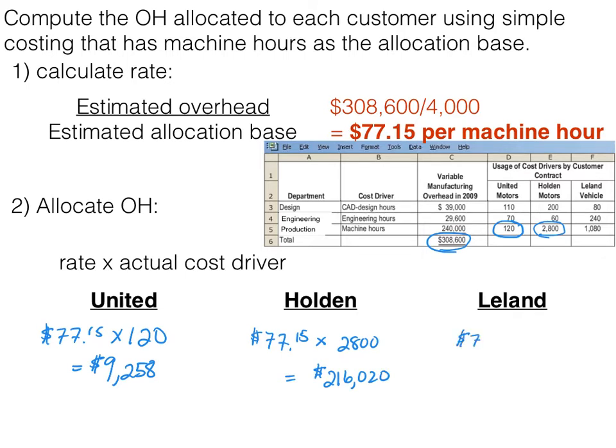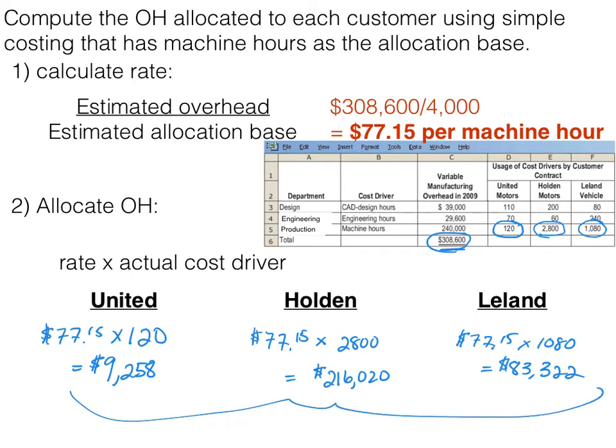Leland used 1,080 machine hours, and so they're going to get allocated $83,322 of that $308,600. Now when you add these three customers up, you should get $308,600, because that's the amount that you're allocating.